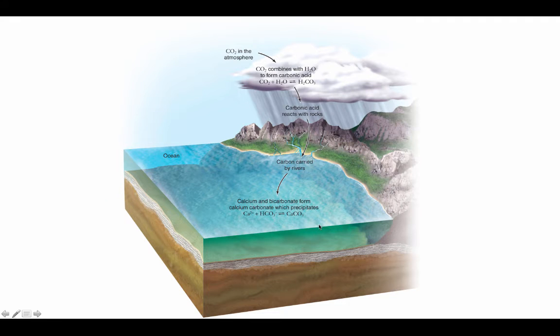So that carbon is then trapped in the ocean. It doesn't return very readily to the atmosphere. And so it's sort of a one-way street for the carbon from the atmosphere down into the clouds, into the acid rain, down the river, precipitating out in the oceans where it's sequestered and stored more or less permanently in the oceans. So how can we represent this in our concept map?